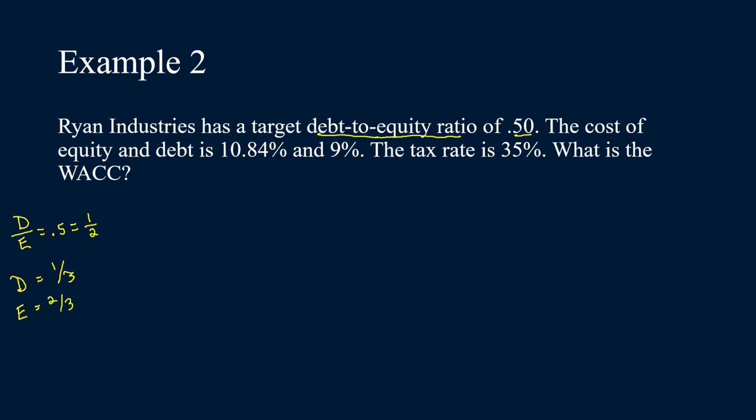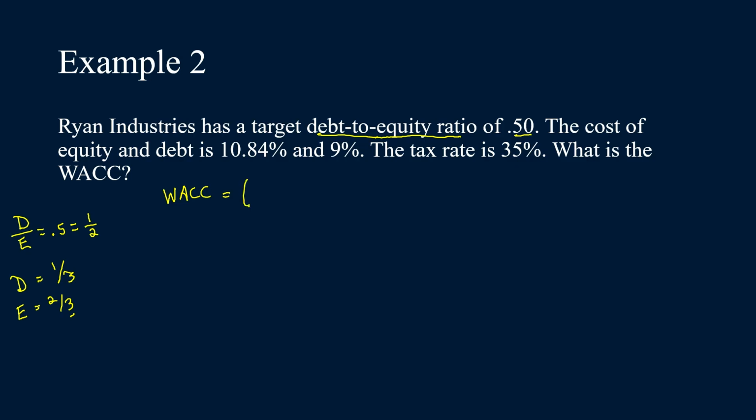So think of the entire company as being 3, debt is 1/3, equity is 2/3. Okay, and now we just put that into the formula, and that'll give us what our WACC will be.